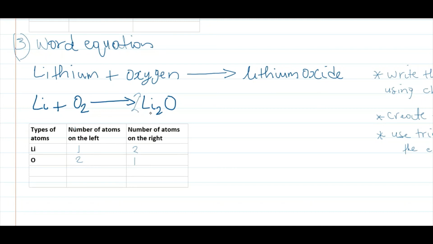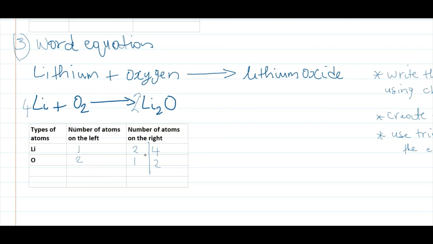Since this is trial and error, let's see what happens. If we have 2 in front of the lithium oxide, we're going to have 4 lithium and 2 oxygens. But that will not yet equal the lithium on the reactant side. So we're going to have to put 4 in front of the lithium to make 4 lithium atoms.